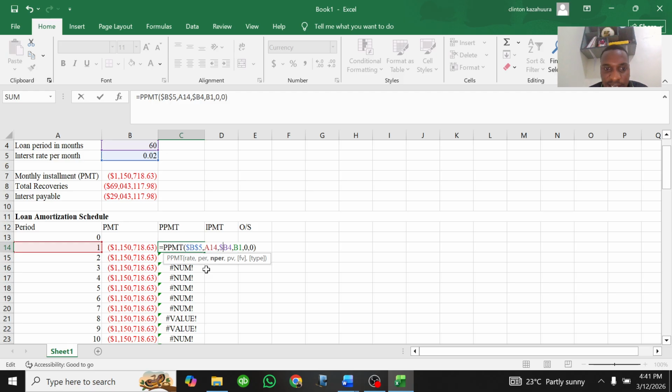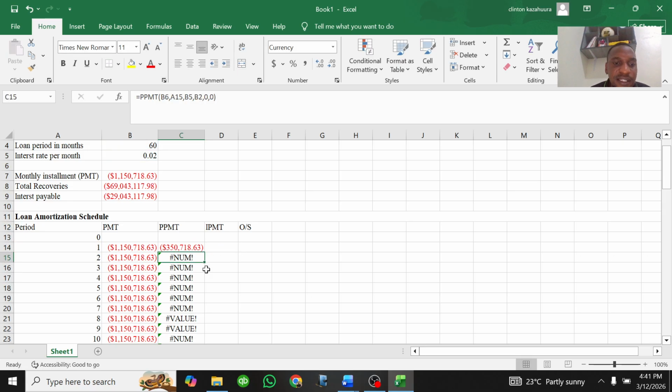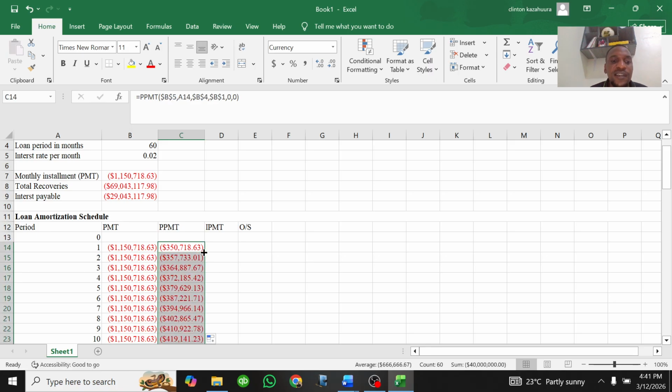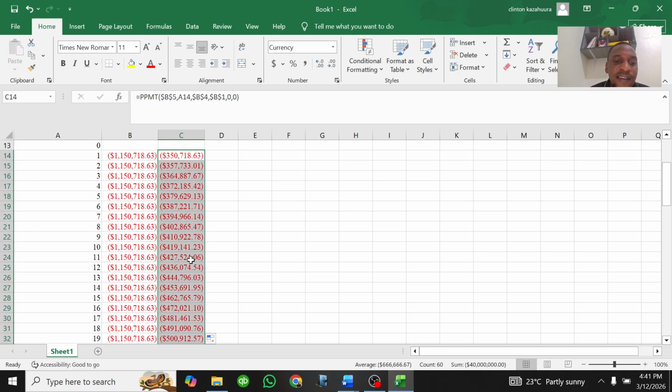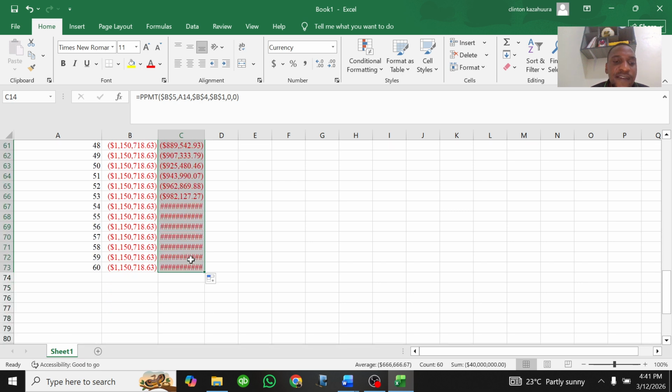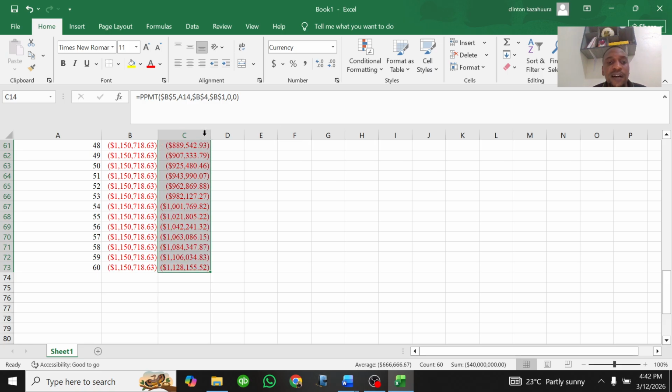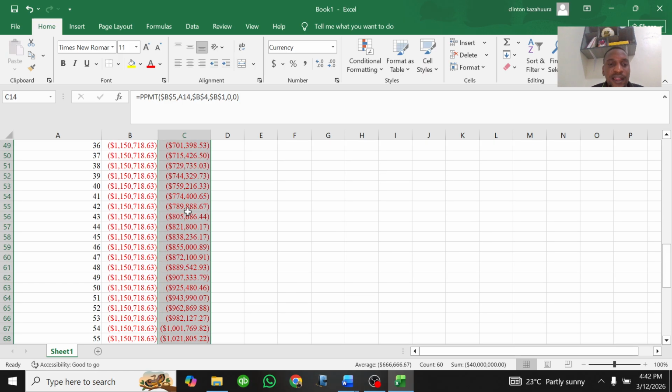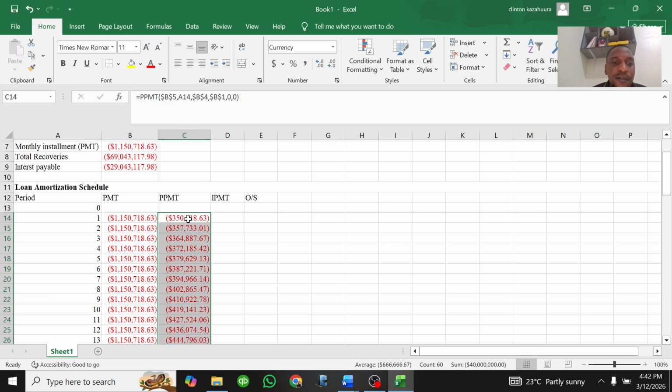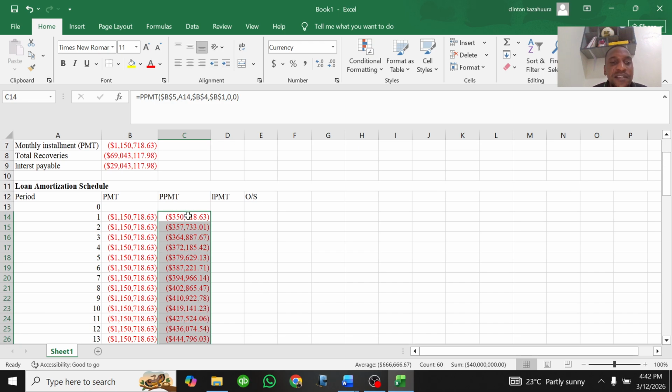I put a dollar sign here, and a dollar sign in between. Then there is also this one. I put a dollar sign here, and here. I press enter. Now if I reapply it to the next cells, you realize that our formula is consistent. These hashtags simply mean that our cell is small, so you simply have to expand it. So that is how you enter the formula for principal payment per month.